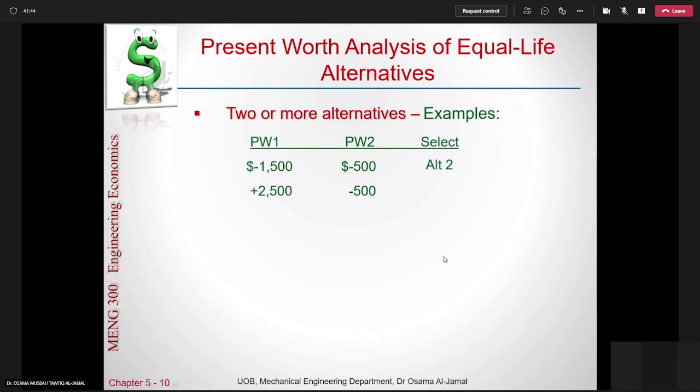Alternative 1. Between those two, alternative 2, though it's very small, but it's far from that one, so we'll select it. Between those two, alternative 1.